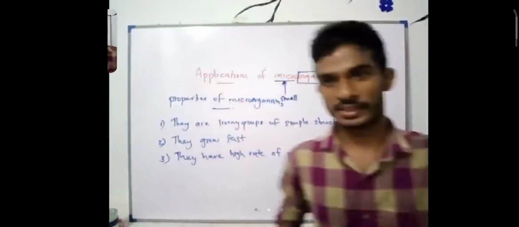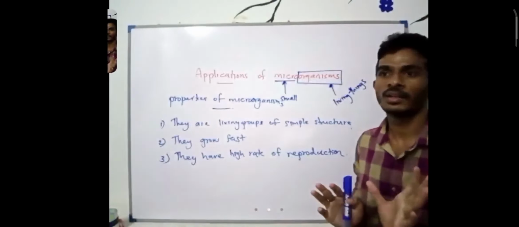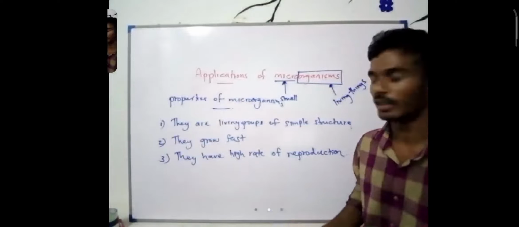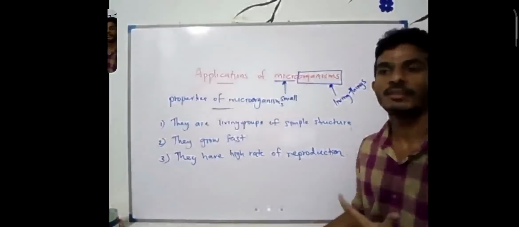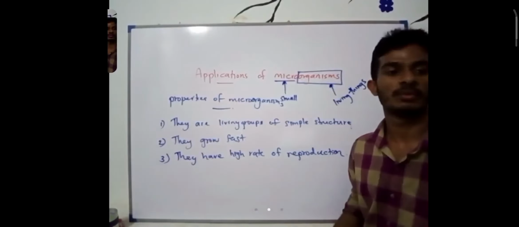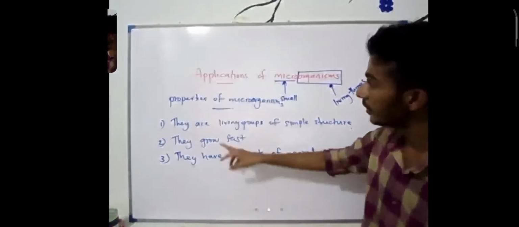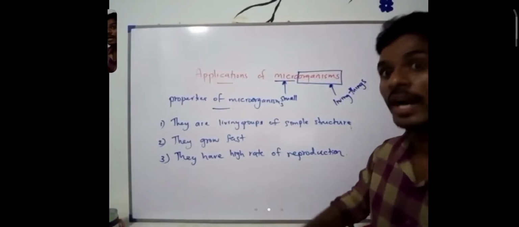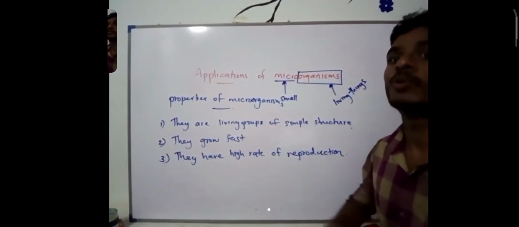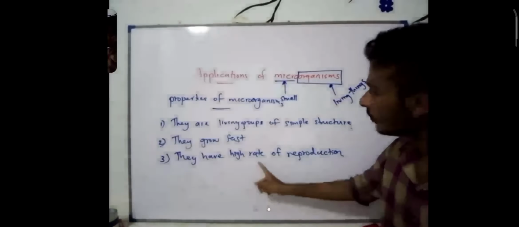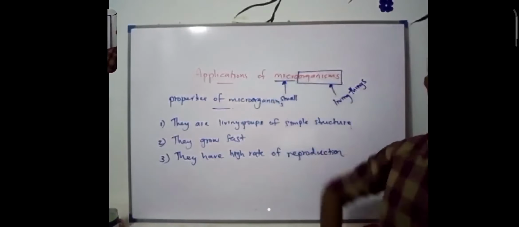Producing offspring. Normally humans, we don't have a high rate of reproduction, as well as other animals. We can give birth to one offspring, or twins, like that. But these microorganisms have a high rate. They can produce thousands, millions of offspring at one time. Okay, that is one of the characteristics of these microorganisms.